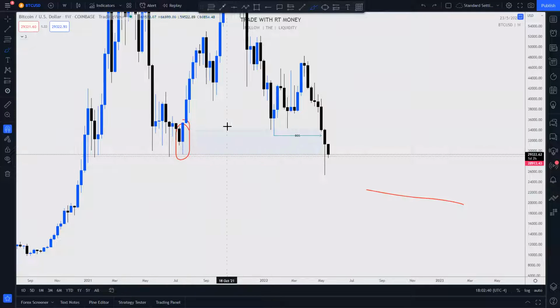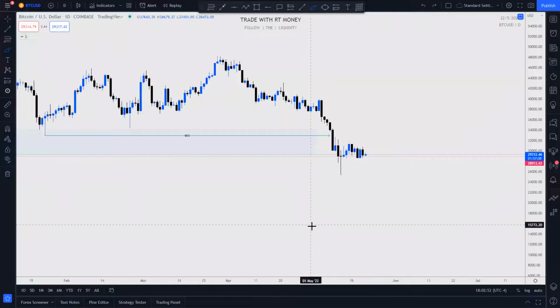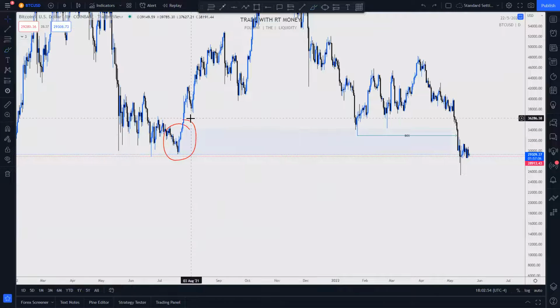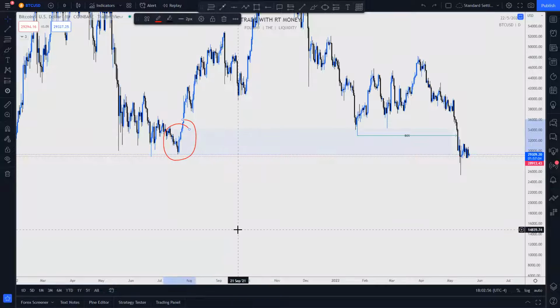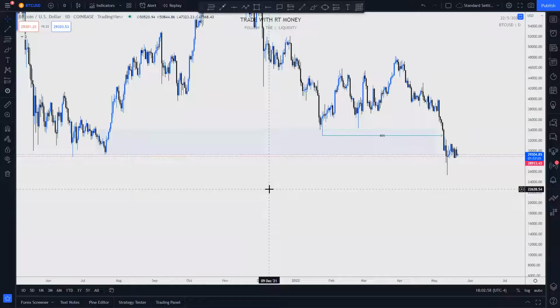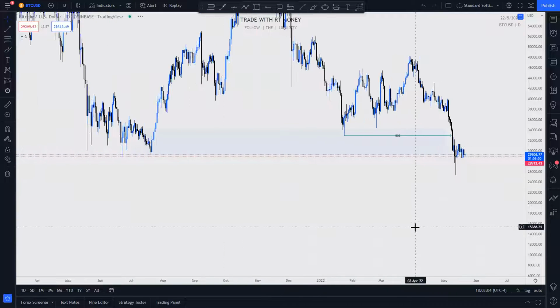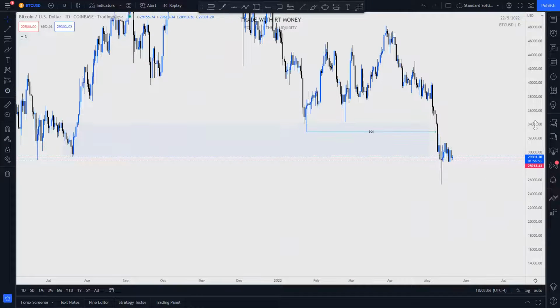We didn't get a weekly close below this low, but we are right there now for that close with this candle here. And that's significant. To take out a higher time frame demand zone is also confirming bearish order flow. You understand? Okay, good. That's a pretty easy concept to understand.